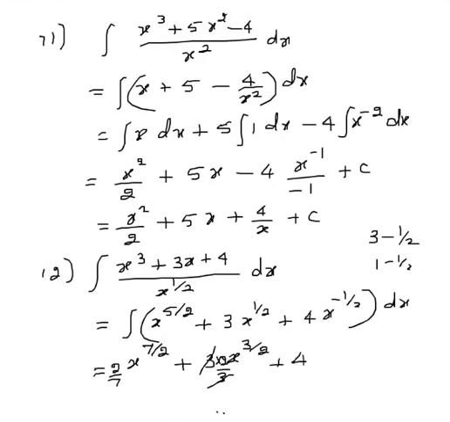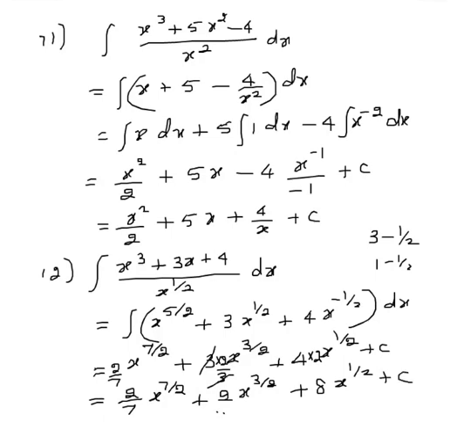And then 4 times x power minus half plus 1 is plus half divided by half will become into 2 and plus c. Therefore the answer is 2 over 7 x power 7 by 2 and plus 2 times x power 3 by 2 and 4 2s are 8 x raised to half and plus c.